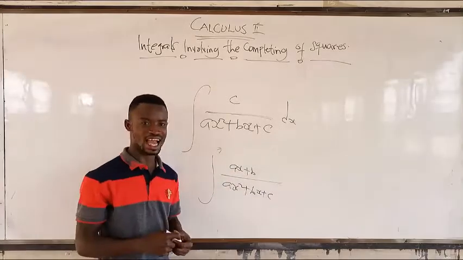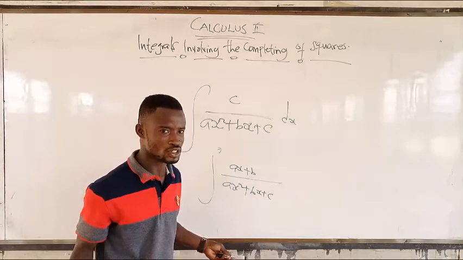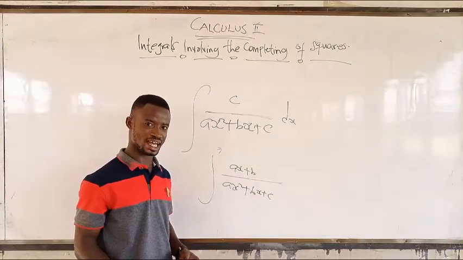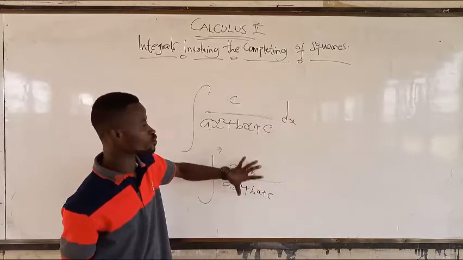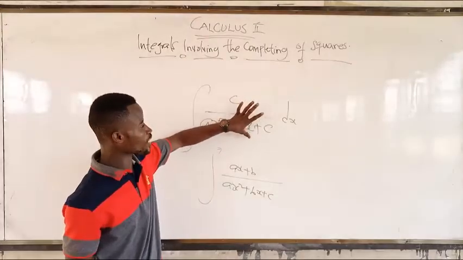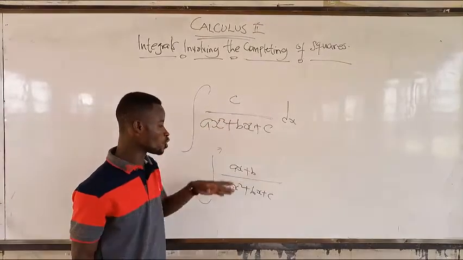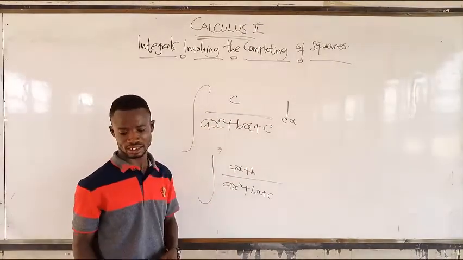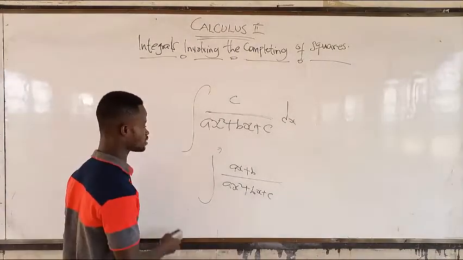And when it's linear and you can't split it, how are you going to solve that? We'll be looking at this right after this, because when the concept of completing the squares is clear, this one will just be easy for you. Alright. Thank you for your understanding. So let's look at that.